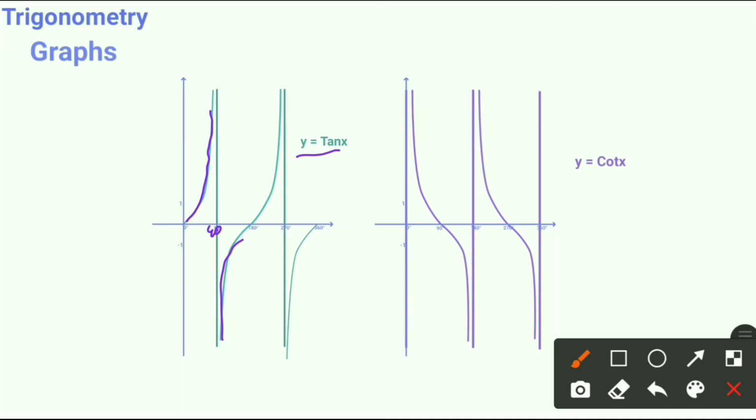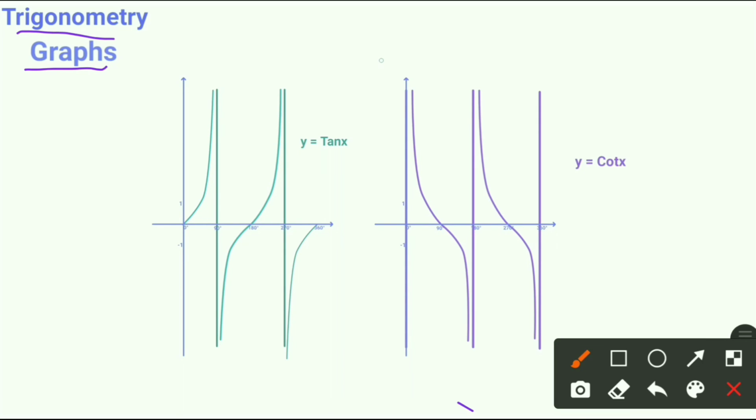So going from 0 to 90, then again 270, and again 360. Okay, and in here it is going like this, 0 to 180, then again going like this, 360. Okay, so this is cot, this is tan, and this is the difference.